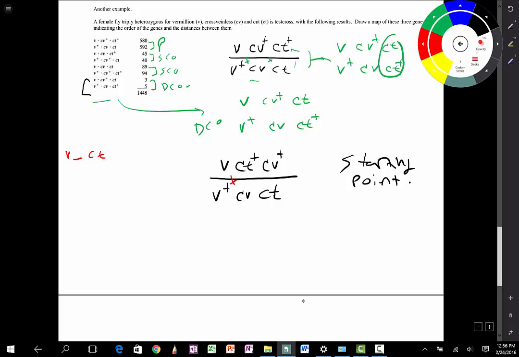And if we get a single crossover between the V and the CT, now V, CV, and CT will be together, and all the pluses will be together. So all three mutants together is 89, and all wild type together, plus plus plus, is 94.